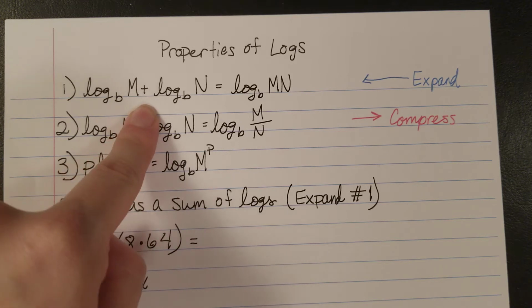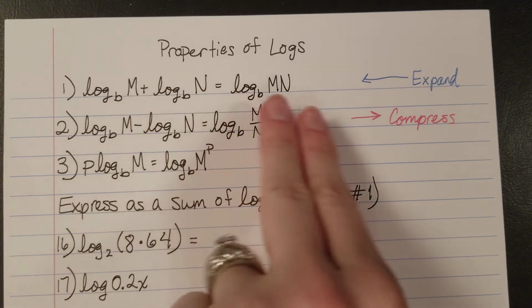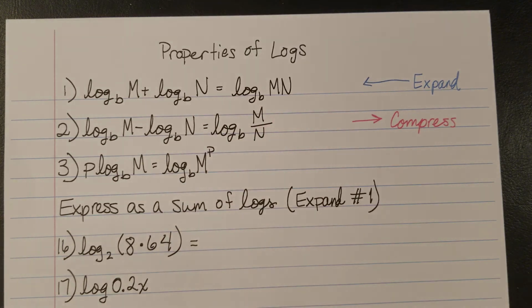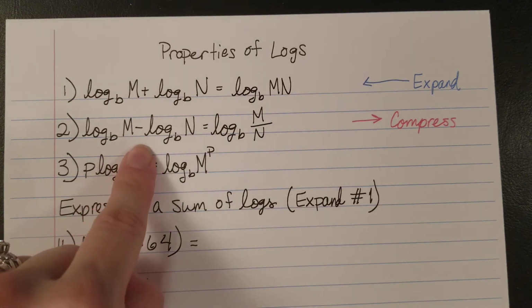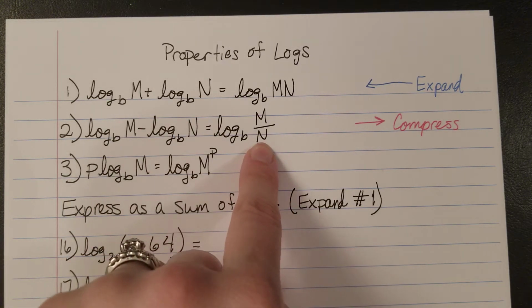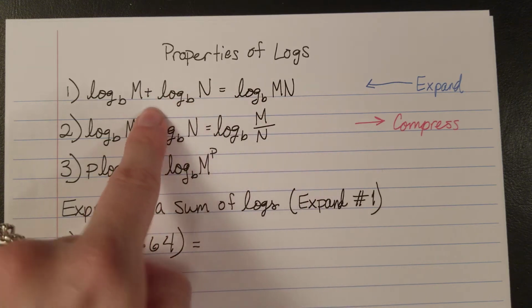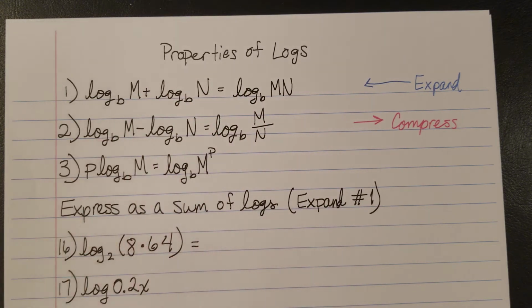So basically, if you have two logs with the same base and you're adding them together, you can condense that down into a single log and you multiply the arguments together. If you're subtracting them, subtraction gives you a fraction, or vice versa, you can expand it into a sum of logs or a difference of logs.